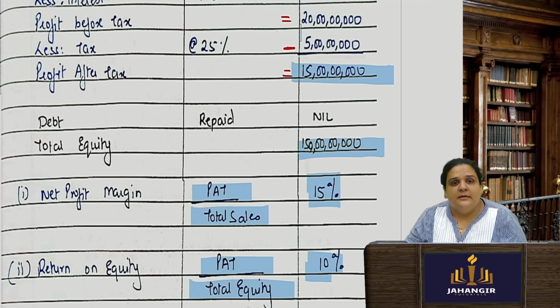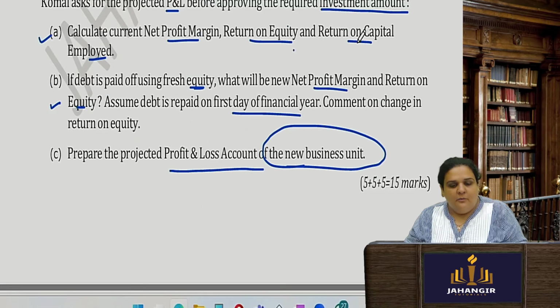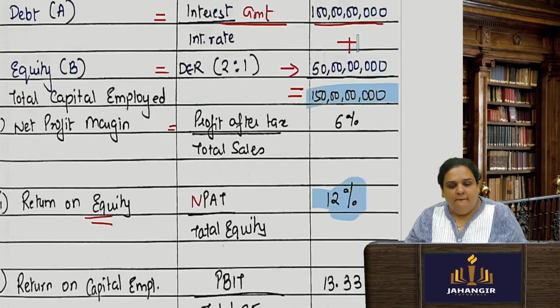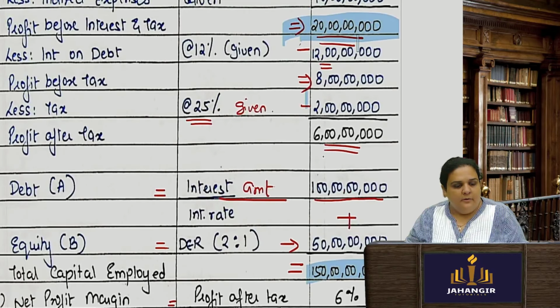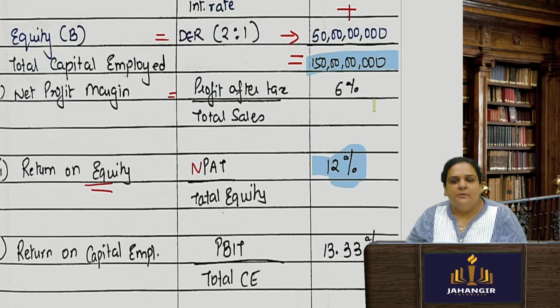See this, tax is 5 crores. Over there, how much tax was there? Less tax, 2 crore. So you do not get any tax benefit also. Since we do not get any tax benefit, obviously we will have a lower return.